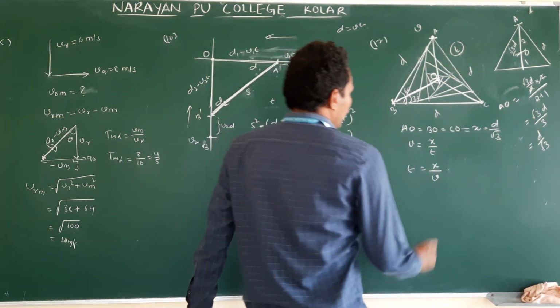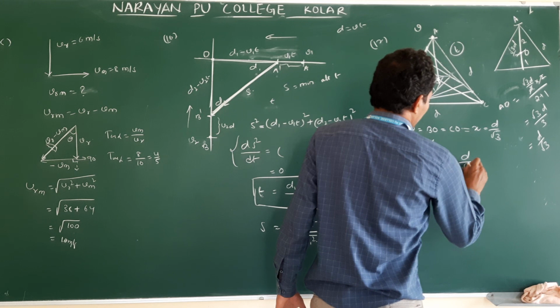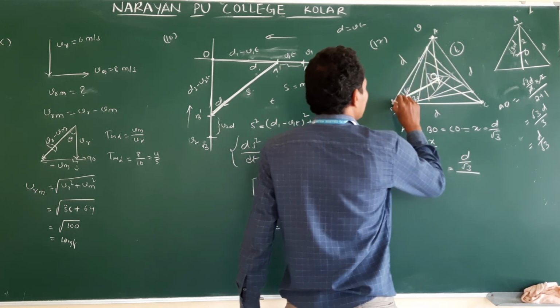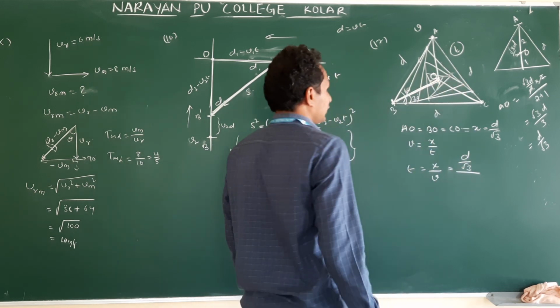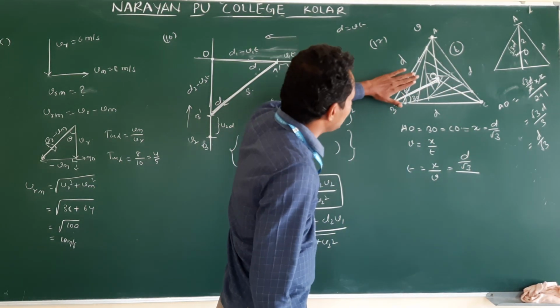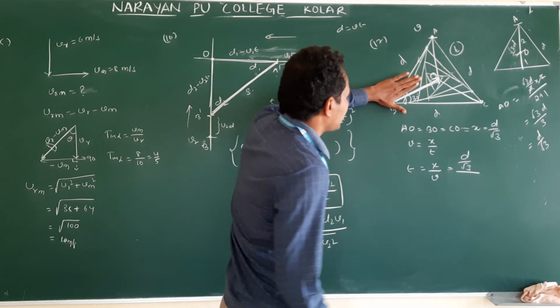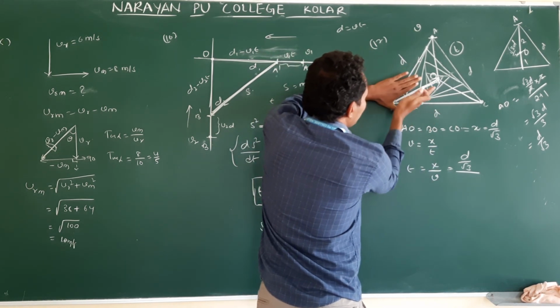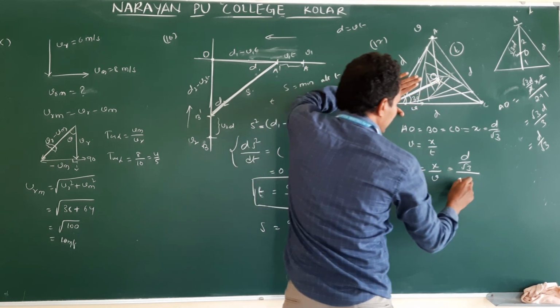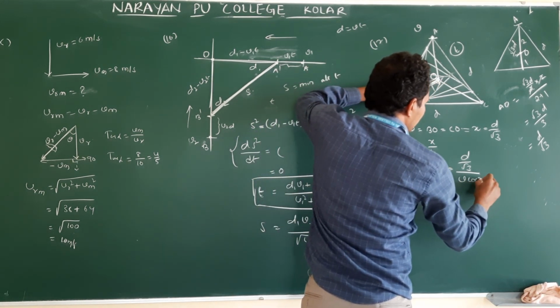Right? Now this is d by root 3, and the velocity we need to take along the displacement direction. Initially it starts like this, and we resolve v along this direction, that is v cos 30.